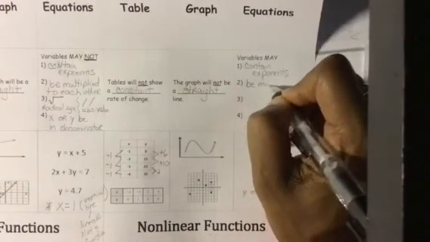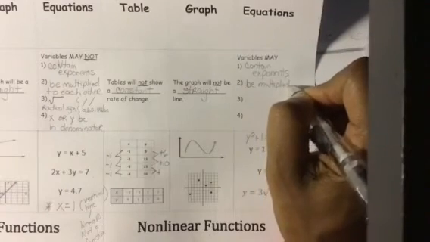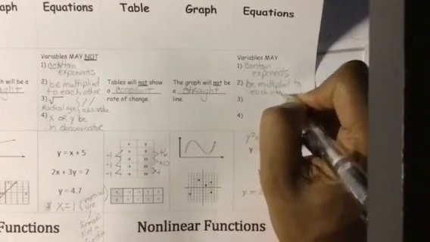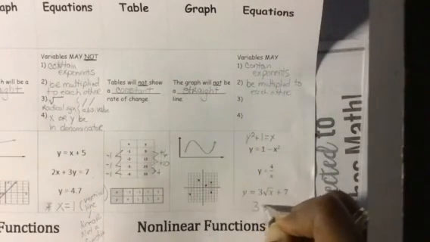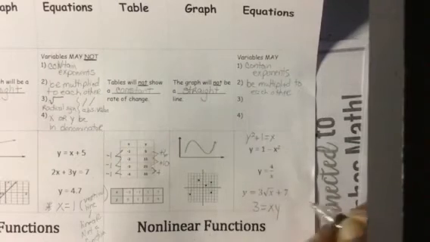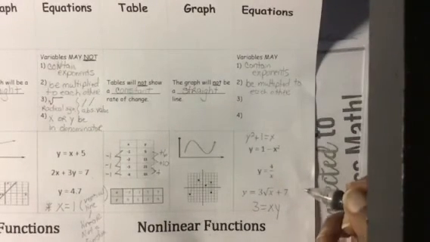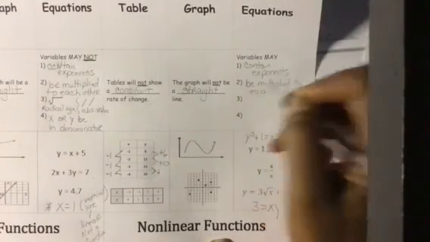So if you see them written this way, as we're going to go through exercises together, they can, if it looks like 3 is equal to x times y. That's non-linear. The third one, they can be underneath a radical sign, such as this one.